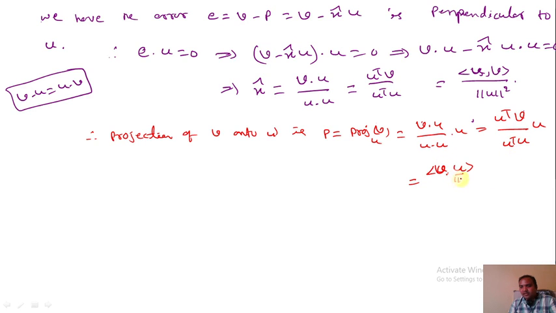This one is norm U. The direction is a unit direction, U by norm U. This formula also you can use. This is the projection of V onto U.